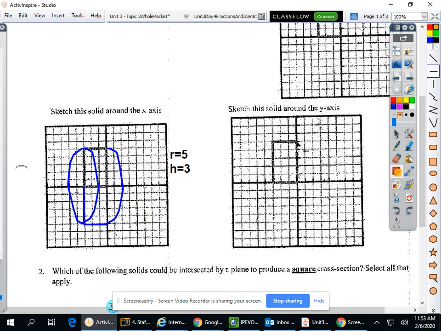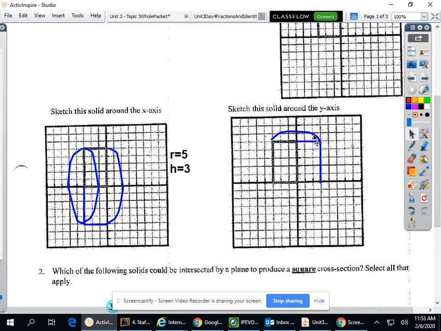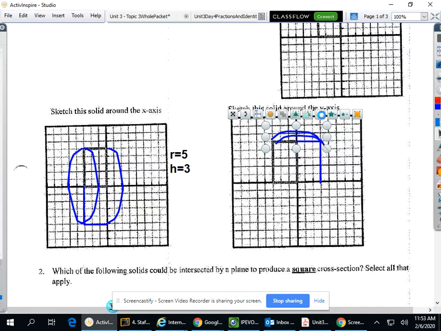So horizontal piece of 3 here and a vertical piece of 5. And then I'm going to make an arc from +3 to -3. And then duplicate that. And rotate it. So I make an oval shape.